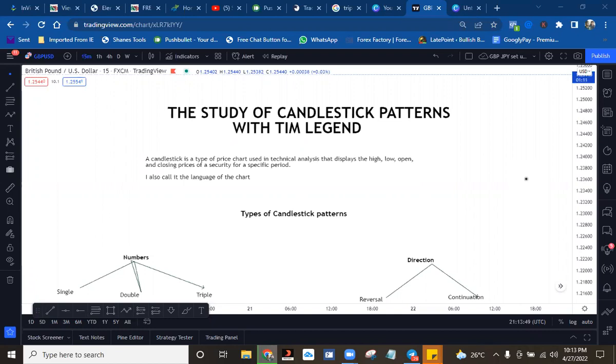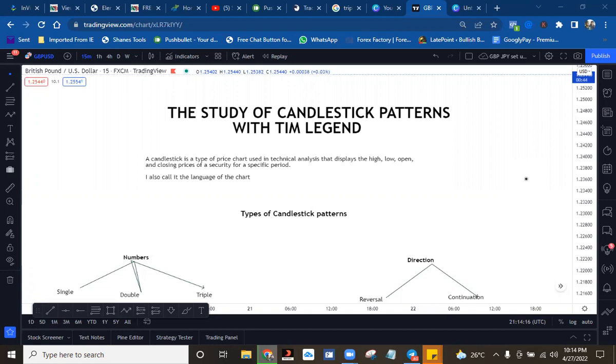So I also call candlesticks the language of the charts, okay? Because we all have our languages, right? When your fellow comes to you speaking your language, you hear him and you understand him better. But when a strange language comes to your ear, you'll be like, what are they saying? You need someone to interpret what he or she is saying.